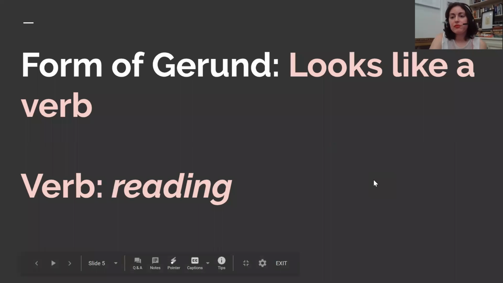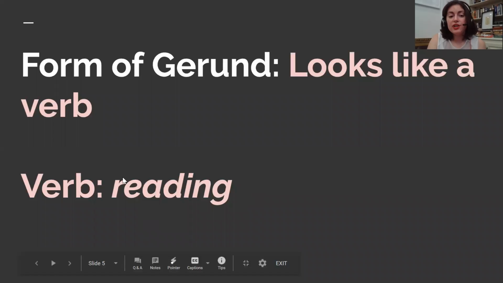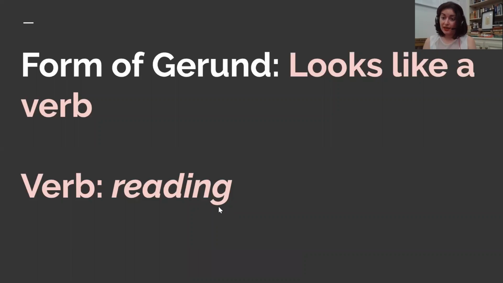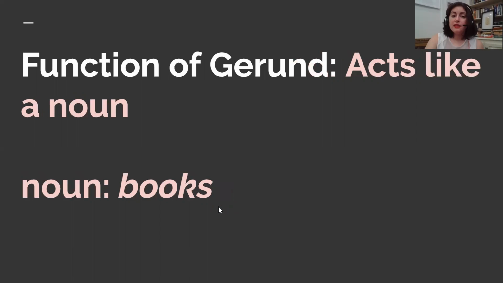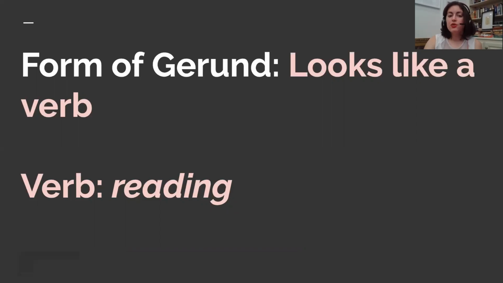So a gerund is something that looks like a verb. Usually we think of a verb as an action, right? So it's like movement in some way. A verb like reading, okay? The way a gerund works is that it looks like a verb.